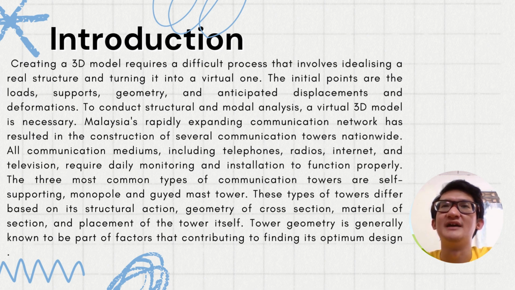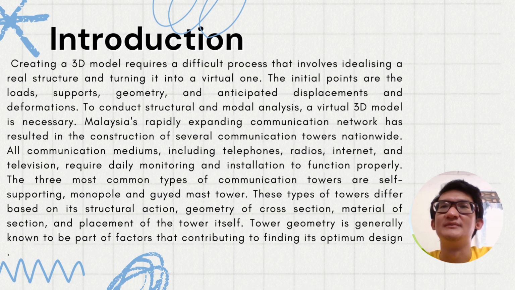The rapidly expanding communication network has resulted in the construction of several communication towers nationwide, where all the communication mediums, including telephones, radios, internet, and television, require daily monitoring and installation of antenna towers to function properly.